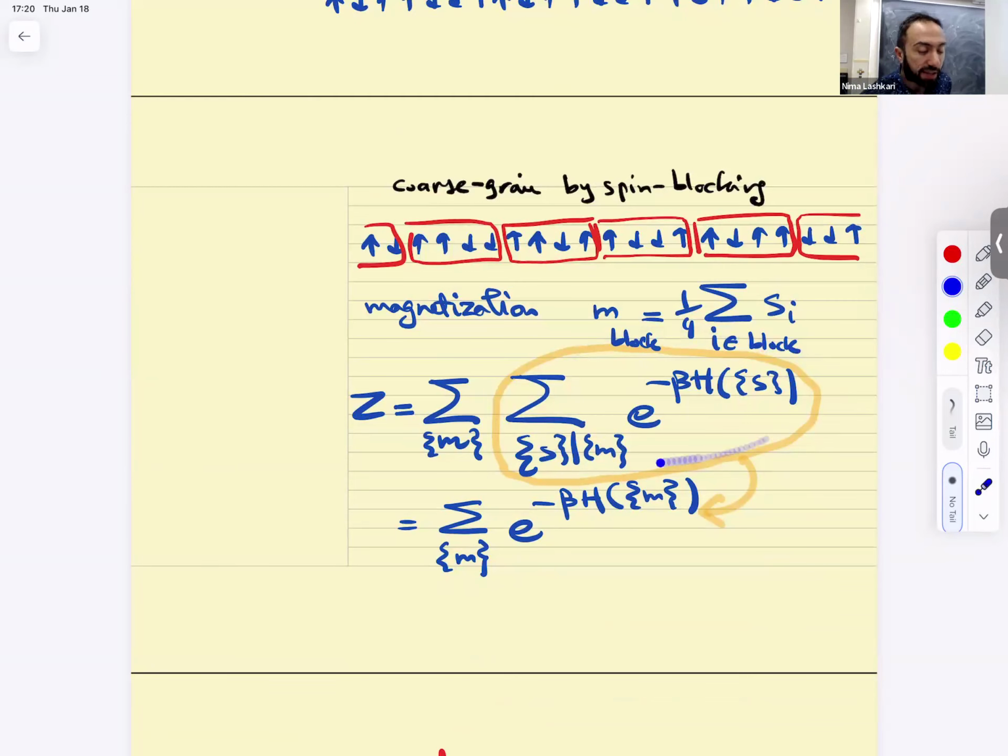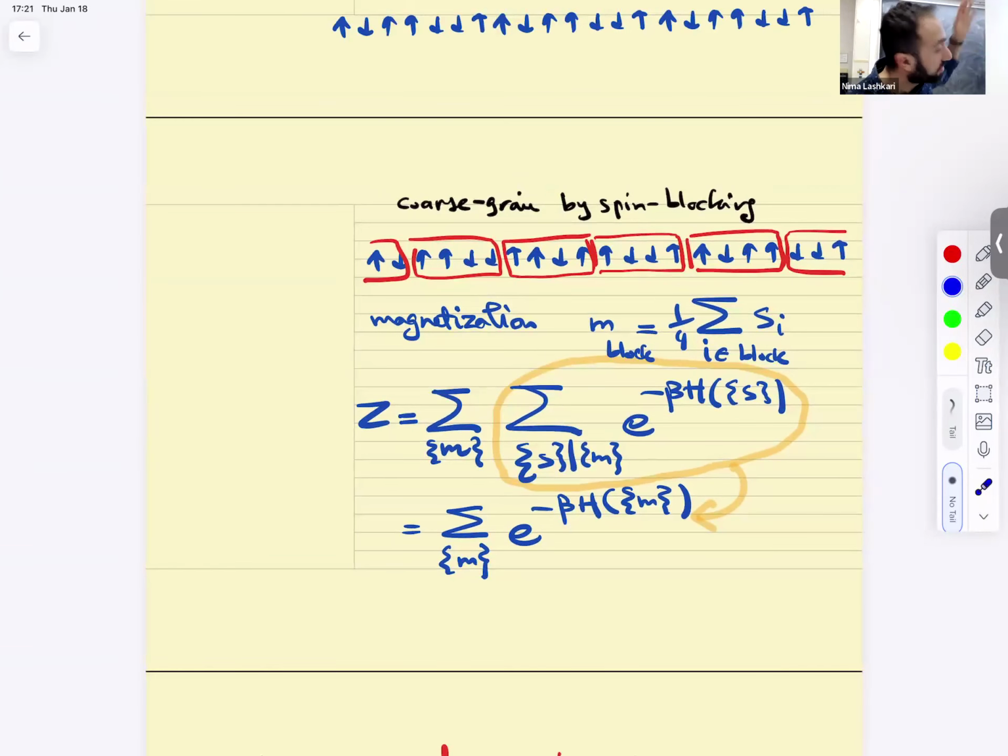This part of the sum I can do and write it as e to the minus beta H of m. So I'm done with my coarse graining. I wrote my partition function in terms of these new degrees of freedom by partially performing the sum over some microscopic degrees of freedom. This is the meaning of coarse graining. In many body physics, this is literally what it is. I'm going to recycle this when we get to the renormalization group as well.